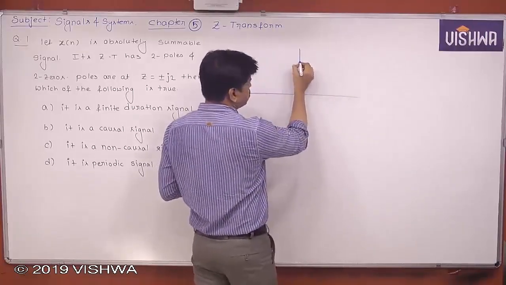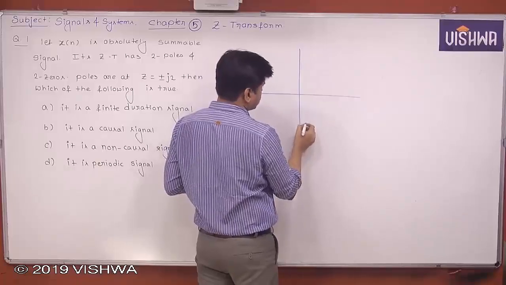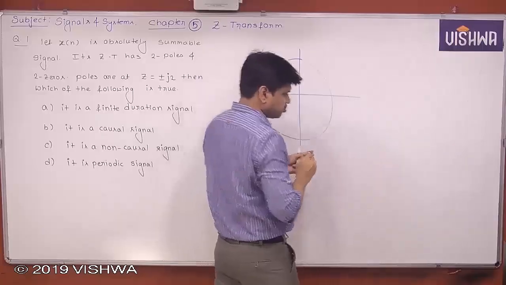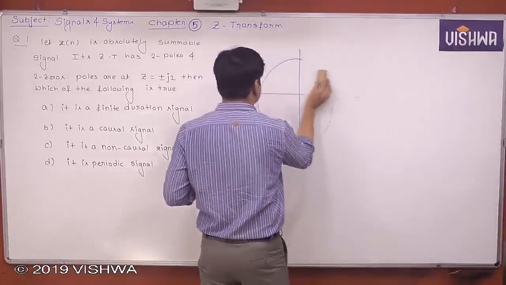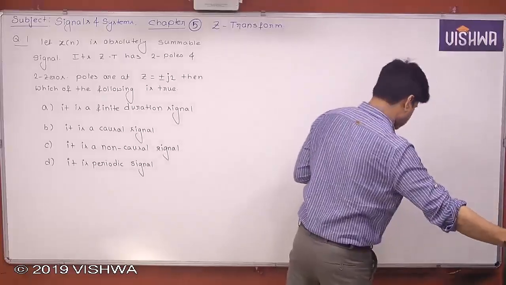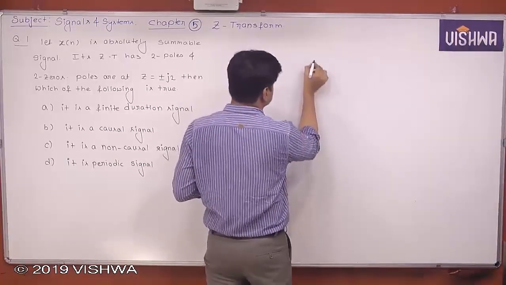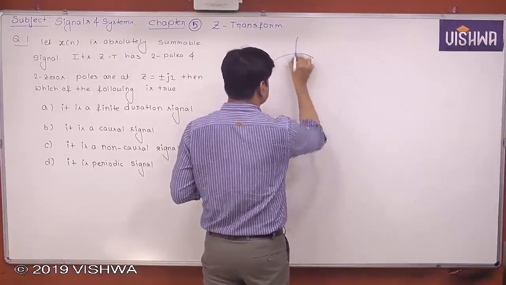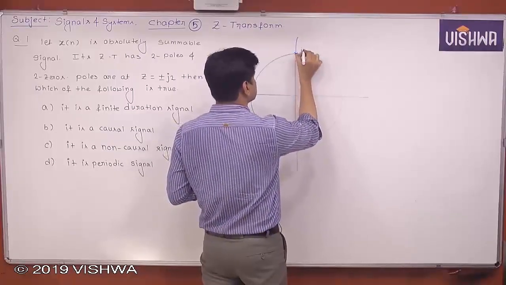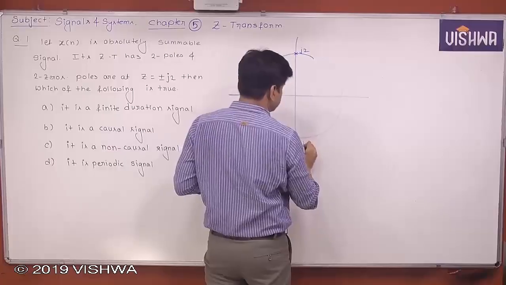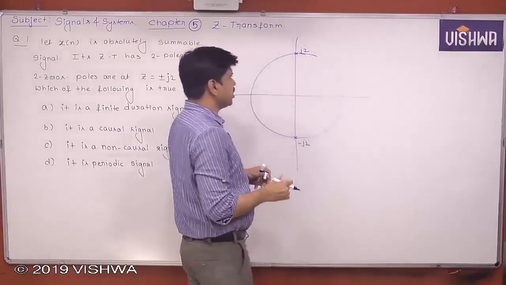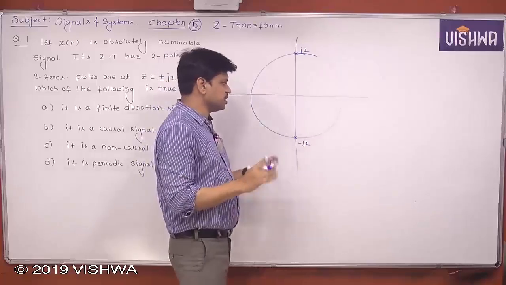So j2 here, minus j2 here. This is j2, this is minus j2, because radius 2. Both poles lie on a single circle only.